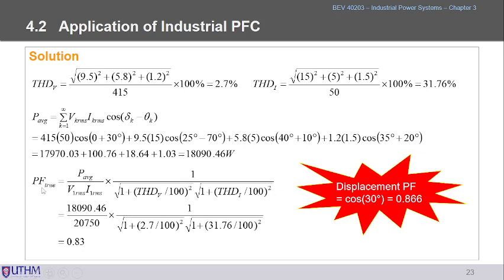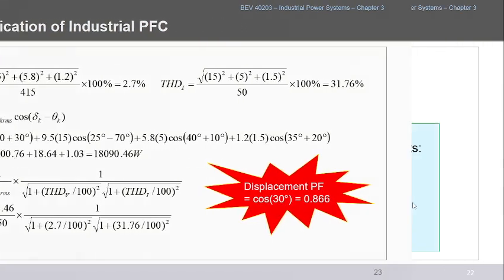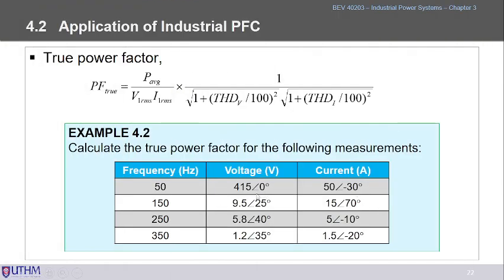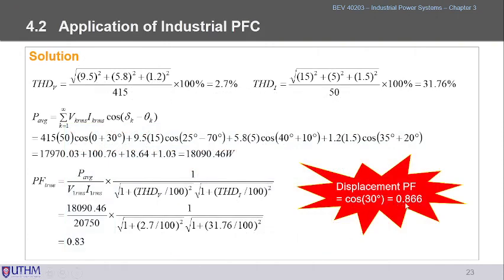And finally, we got the true power factor is 0.83 as compared to the displacement power factor. The displacement power factor means we only consider the fundamental, which is cos 30, this one. Cos 30 is 0.866. So that means there is a difference between the displacement power factor and the true power factor in this case.